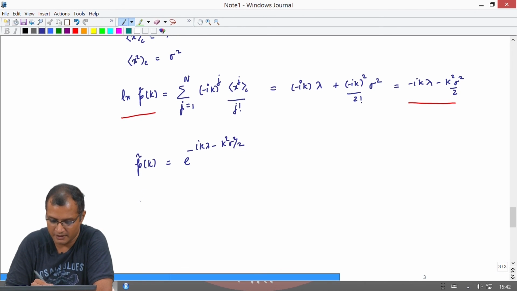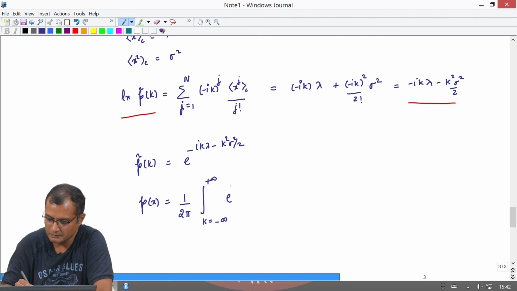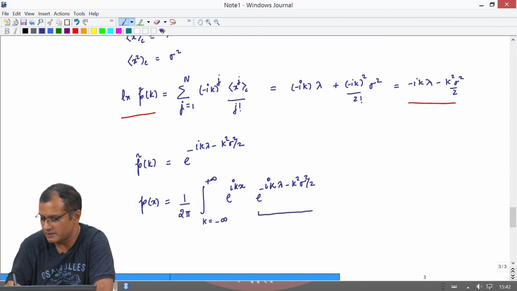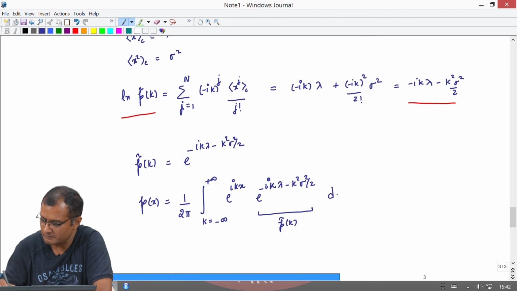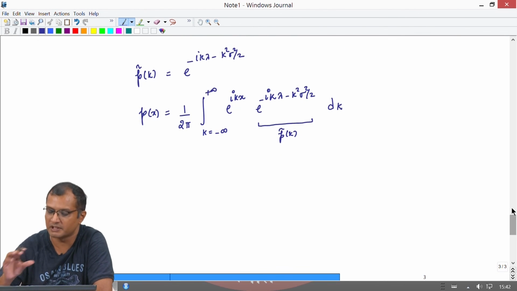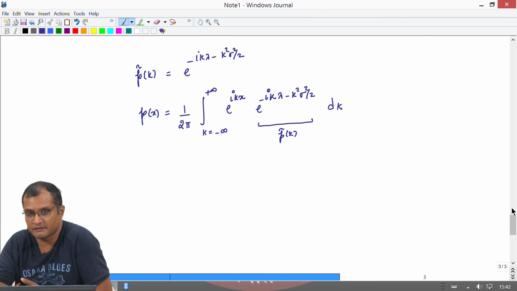Now, once you have p of k, you can compute p of s by an inverse Fourier transform and get your PDF. So, this exponential is nothing but my p of k, whose inverse Fourier transform I am taking right now, and you know that the Fourier transform of a Gaussian PDF is also a Gaussian distribution.